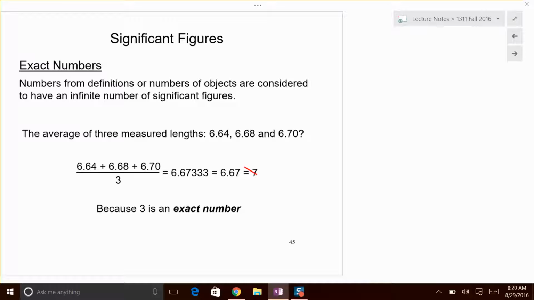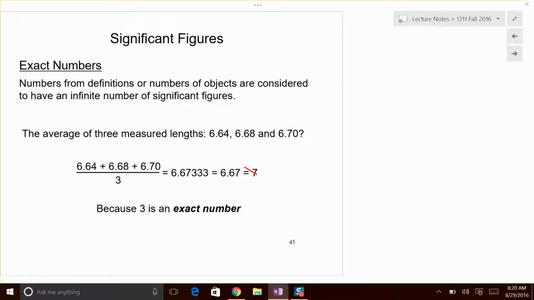If I count beakers in a cupboard, and there's 10 of them, I know exactly that there's 10 beakers, right? There's no uncertainty in that data. That's an exact number. So how many significant digits would the number 10 have if it wasn't an exact number?